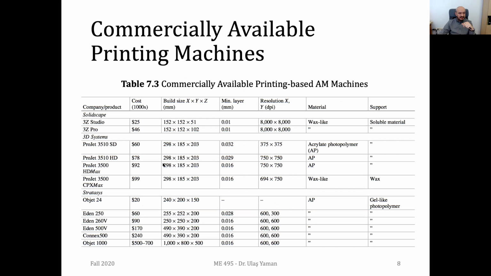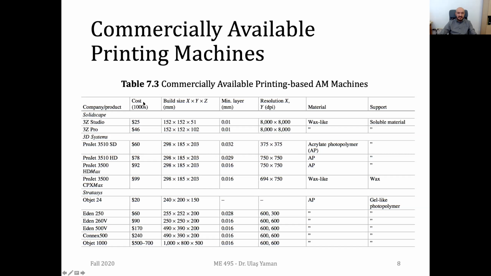So as I mentioned, we have different companies using these technologies, and they have different sizes. For instance, the Objet 1000 has a very large build volume, and it's especially useful for medium-sized production. And you can see that their layer thicknesses are quite good, around 16 micrometers, which is not obtainable in FDM, FFF, or SLA. They have very high resolution.